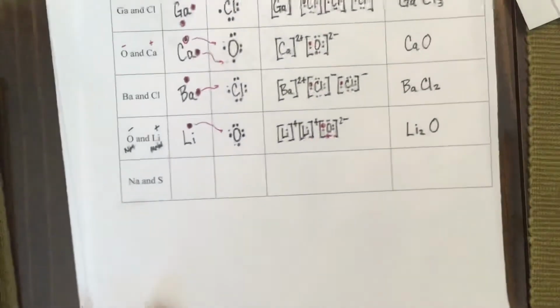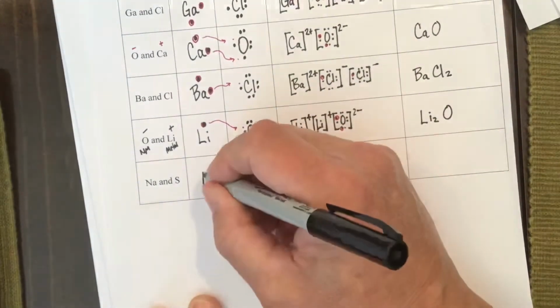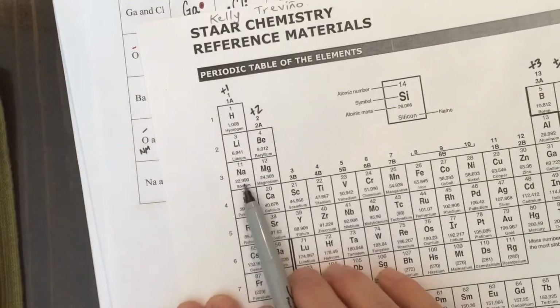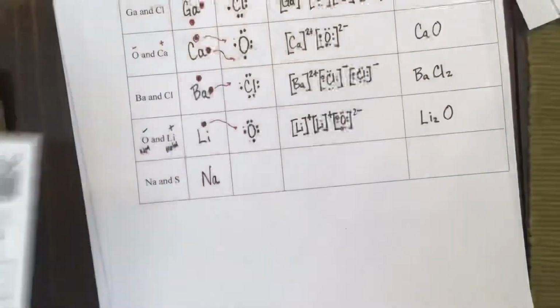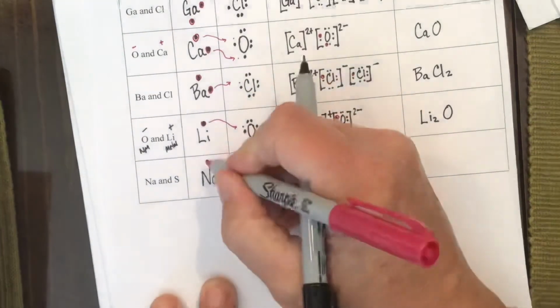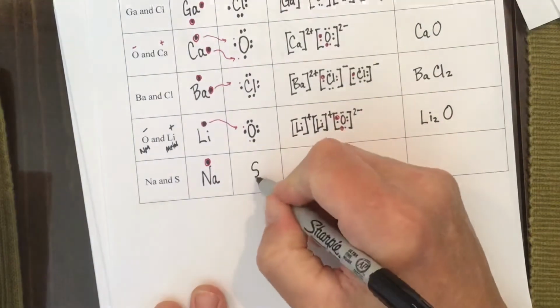All right, so let's do sodium and sulfur. So here's sodium. Why, it's in group 1. It has 1 valence electron. And then we have sulfur.